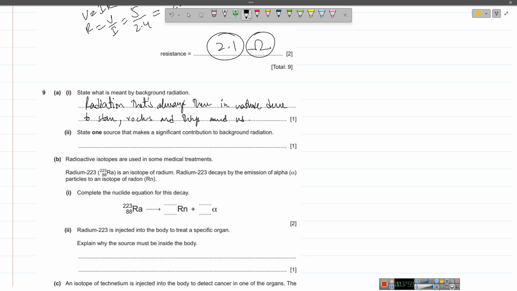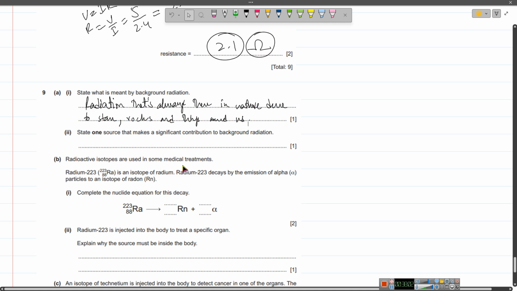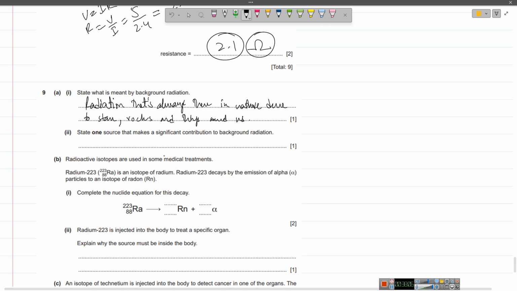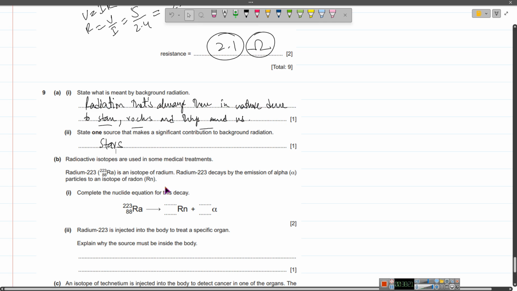So it's always there. So that is called background radiation. State one source that makes a significant contribution to background radiation, right? You can mention any of them, and that is like stars, right? They contribute a lot in the background, or the rocks, right?